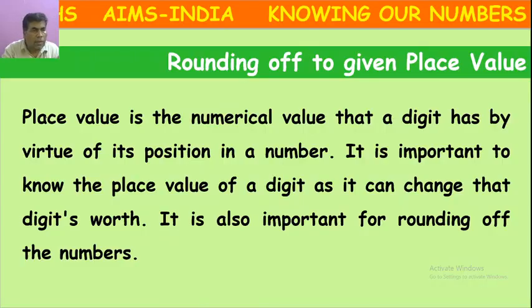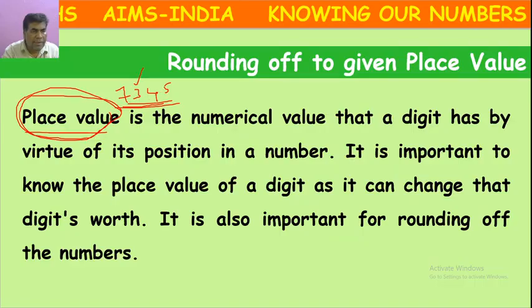Actually, what is place value? Suppose we have the number 7345. As per yesterday's class, if they ask what is the place value of 3, what do we have to tell?